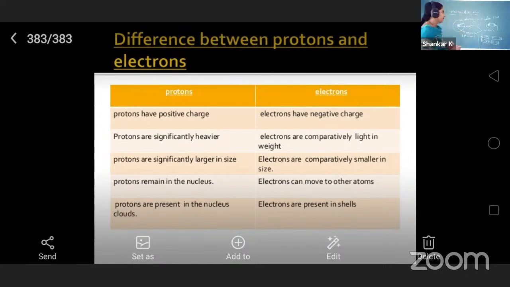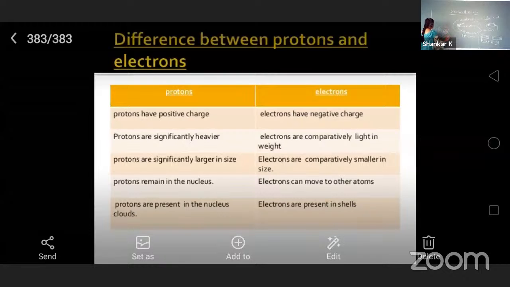What we have discussed, students, is the structure of the atom: a nucleus with protons and neutrons. I told you n is equal to 1, n is equal to 2, n is equal to 3 and n is equal to 4, which are K, L, M, N, right?